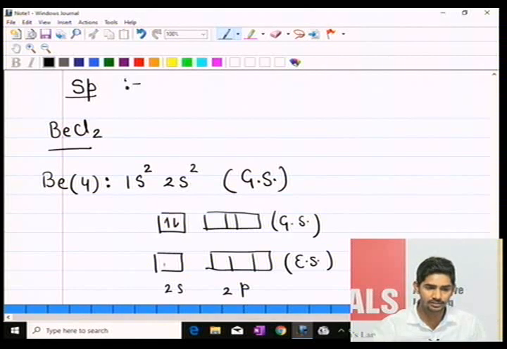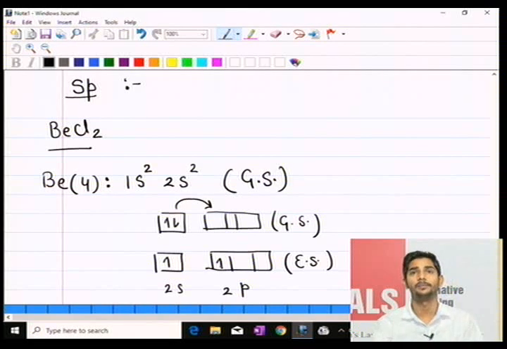So 1 electron of the 2s will jump to the next available vacant orbital to become unpaired. For the 2s, the next available vacant orbital was the 2p. That's why I have shifted 1 electron from 2s to 2p.